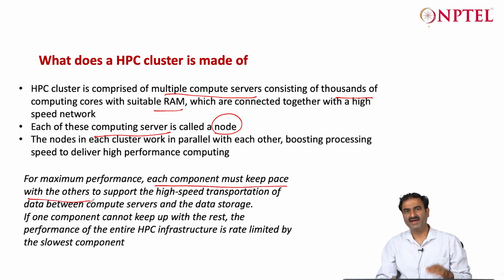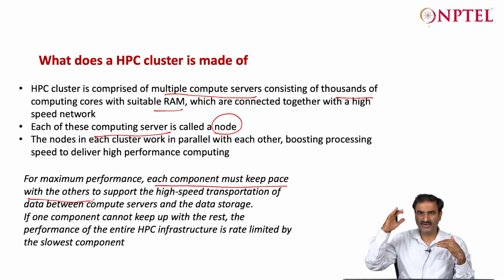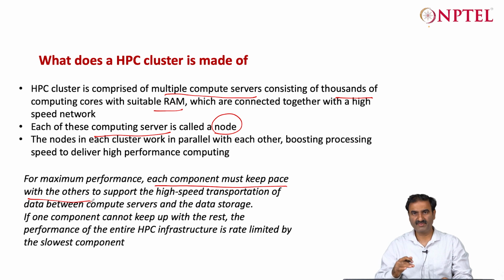If one is slow and others are fast, that slow one will slow down the entire thing. So all the components should be appropriately designed, and at least the nodes should be of the same spec, the connectivity between them should be the same, OS should be the same, otherwise one will slow down the others also.